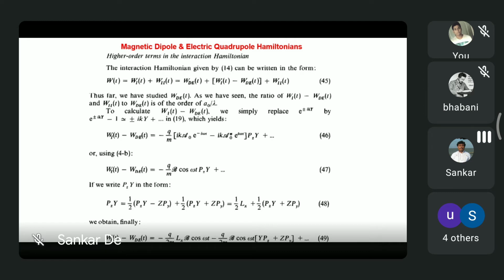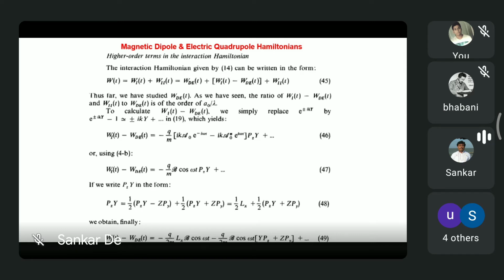Now from equation 46 you can see, if we want to calculate the second term W1 minus W_DE, then we expand e to the power plus or minus iky, and after expanding it is 1 plus or minus iky plus the rest of the expansion. So we take the 1 term to the other side.